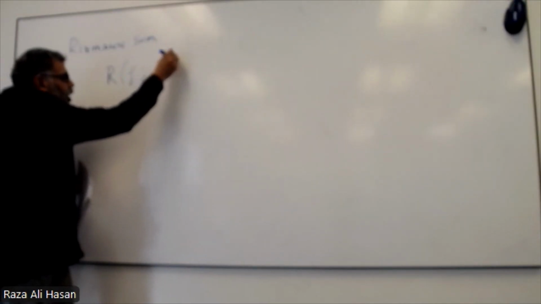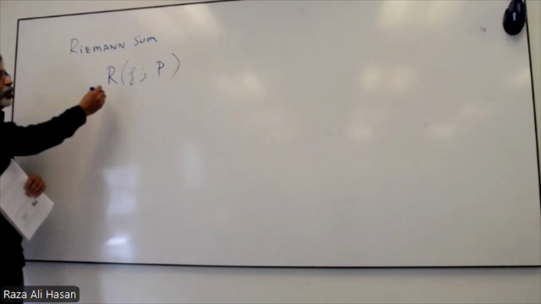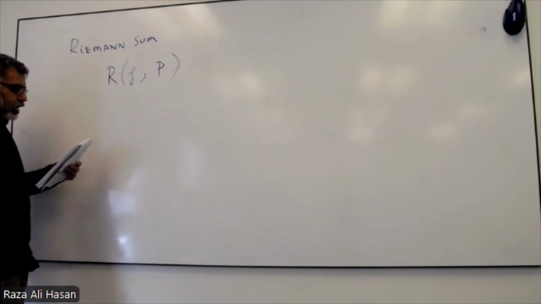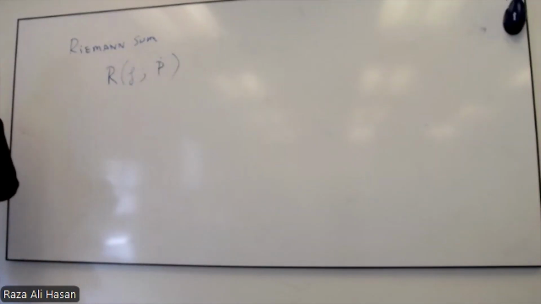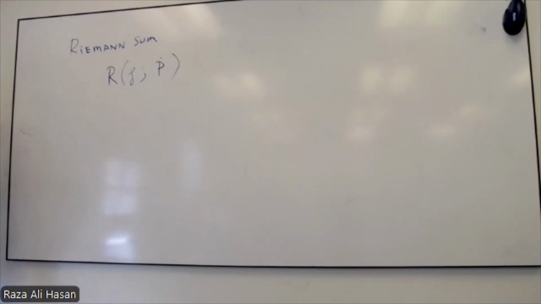Let's move on. What is this P thing? Does anybody remember? P is a partition that you divide, because what this little thing here actually has, and if I put a dot here, we're saying we have a tagged partition. Partition of what? This function is defined over what?